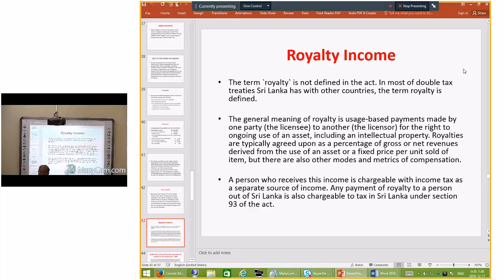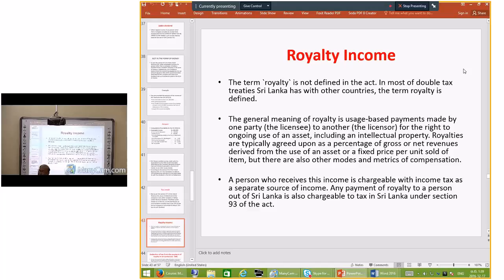Take a very clear example, Unilever PLC. Unilever has a lot of trade names, Vim, Signal, all very famous trade names in Sri Lanka. But all the trade names belong to Unilever UK Limited. In Sri Lanka, Unilever Sri Lanka produces Vim and Signal toothbrushes under those trade names.